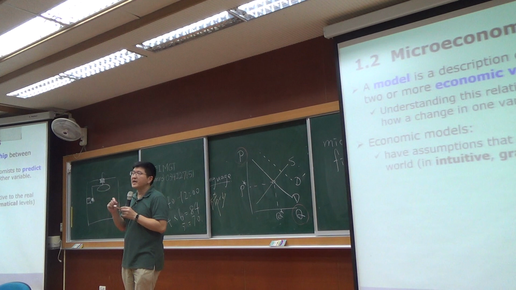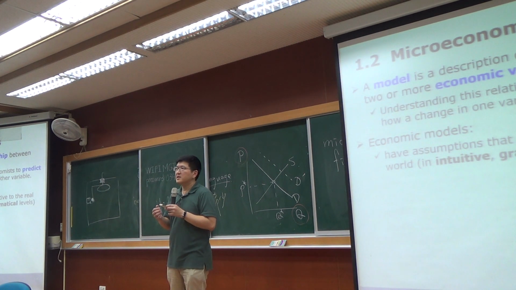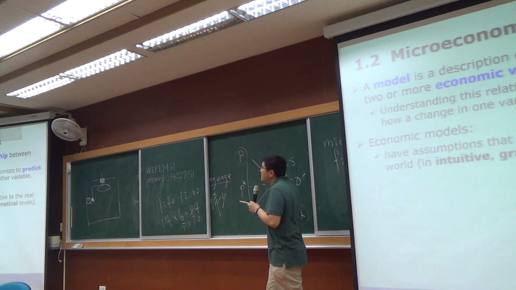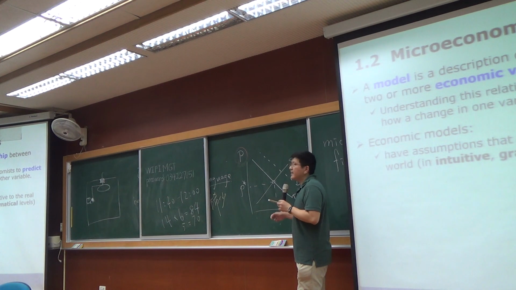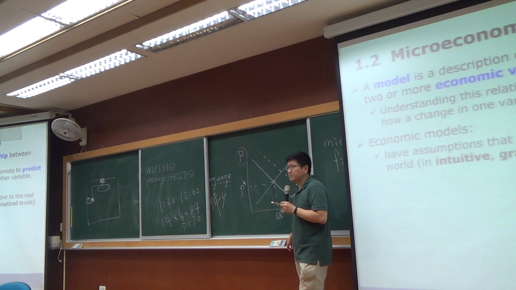It depends on what kind of problems we will try to solve so that we use the model. If the problem is not very difficult, then we do not have to use a very complicated model. We use simple models can help us to solve maybe a lot of problems.